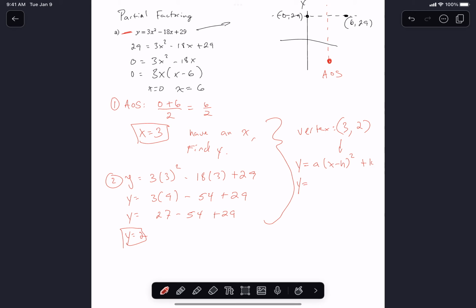And so we're going to get y is equal to 3 times, the h value is the horizontal translation, right? Where did the graph go? It went to the right 3 units. So it's x minus 3 squared, and then it would have been moved up 2 units, right? For the y value of the vertex to be up there. That's it.